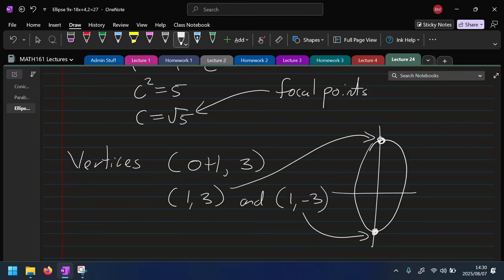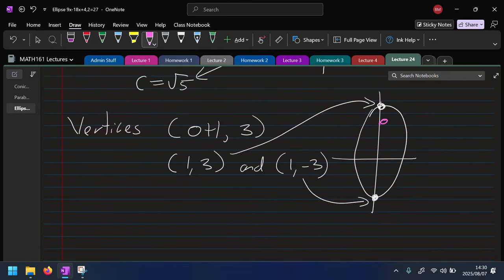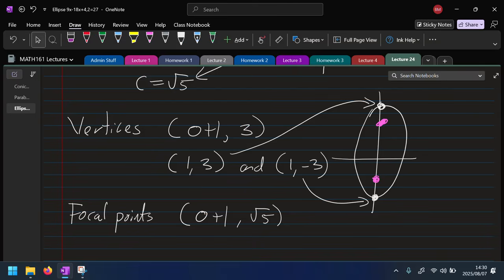What about the focal points? That will be somewhere in between. Same as before, it will be 0, root 5, but it's shifted to the right by 1, so we have to put a +1.